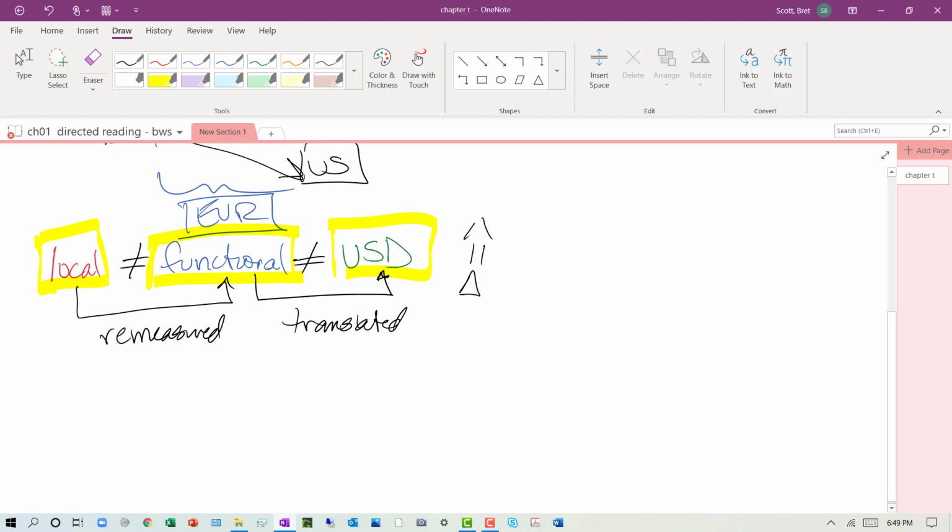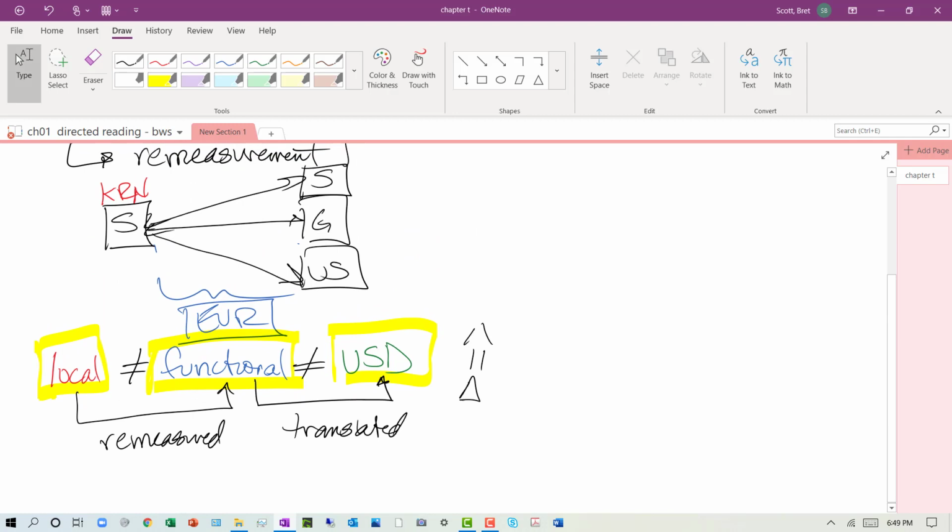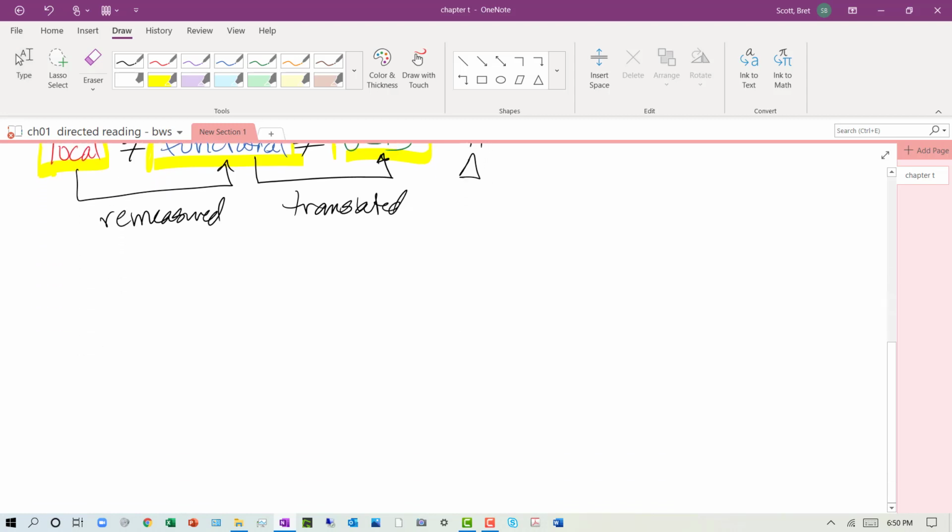It is possible, however, that we can say, you know what? You're ours now. We own you. Go ahead and convert all of your financial information into your functional currency. If you're doing business in the euro, then just state all your accounting records in the euro. So we tell the subsidiary, look, you're in Switzerland.